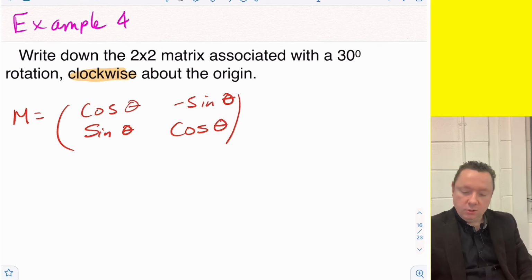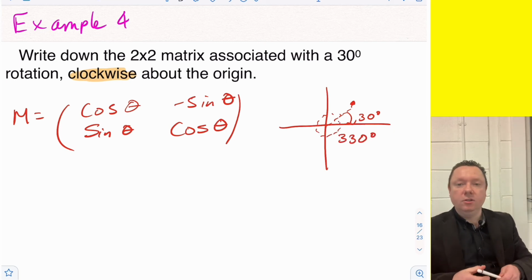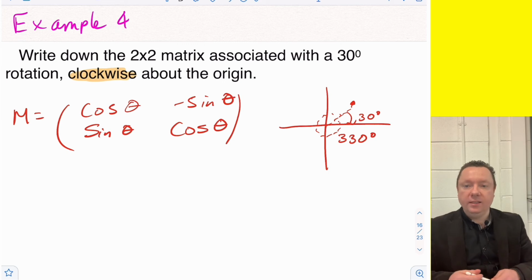But that's not an issue. If our point is going to go 30 degrees clockwise, it's the same as going anti-clockwise by 330 degrees. So we'll use 330 as our theta.